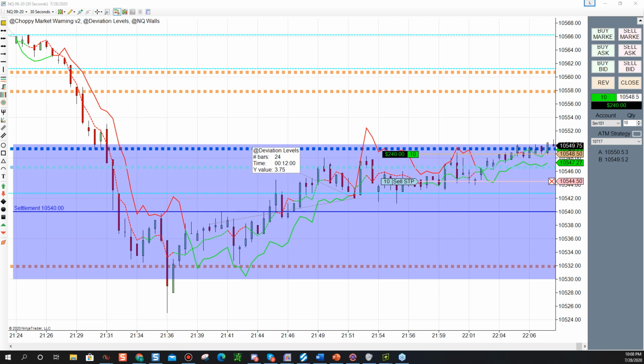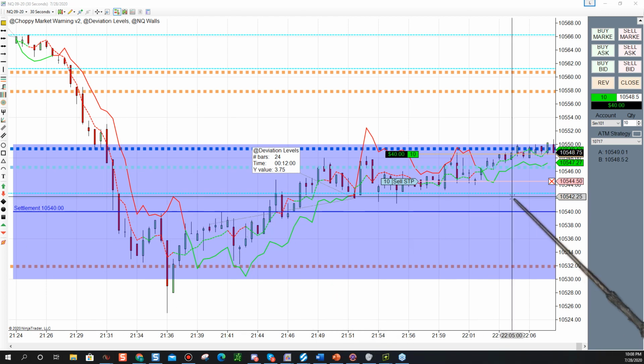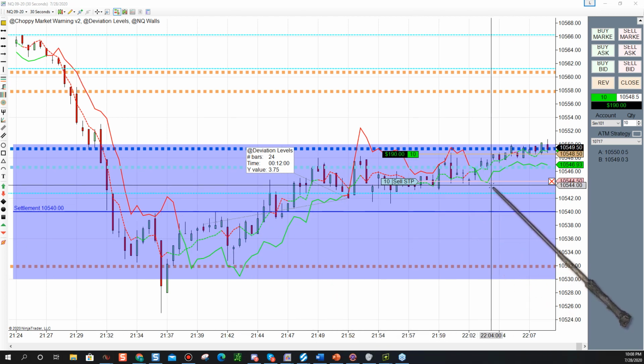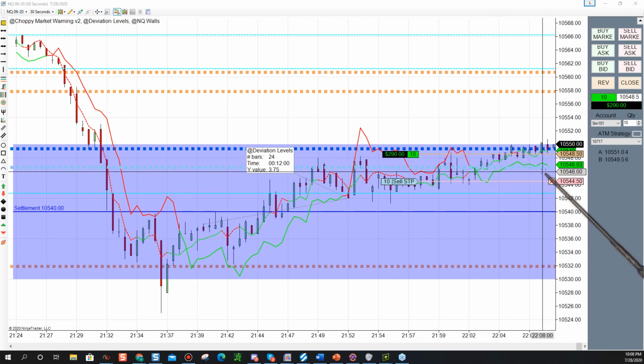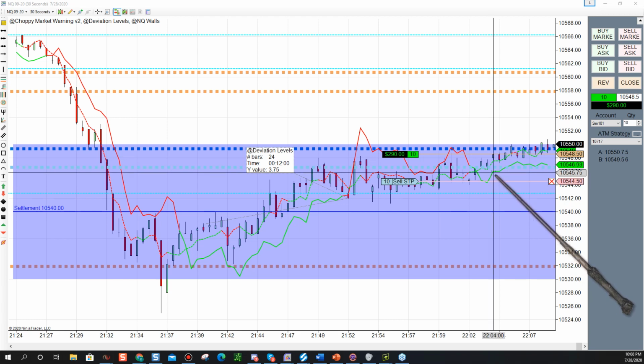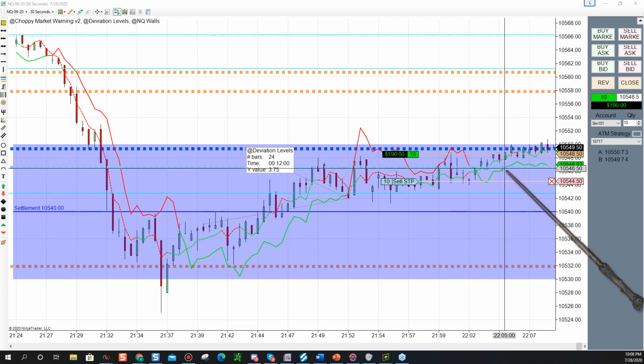Would you close the trade if it closes above or below the solid line before it hits the initial stop? Well, this is my worst case stop over here. So if it closes below, so there's my entry bar, there's my initial stop right there.